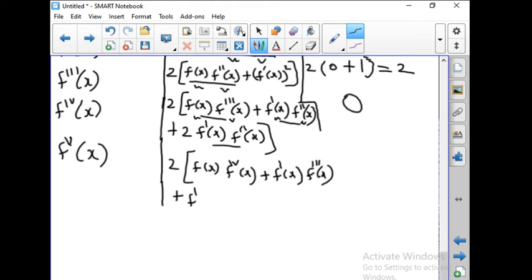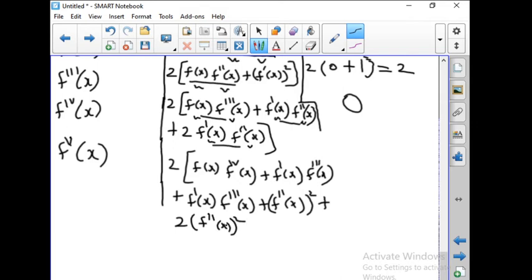So f dash of x into f triple dash of x plus f double dash of x the whole square வந்துரும், plus இங்கேயும் 2 terms. So this is u and this is v. So again ஒரு 2 into f double dash of x the whole square வந்துரும், plus f dash of x into f triple dash of x.